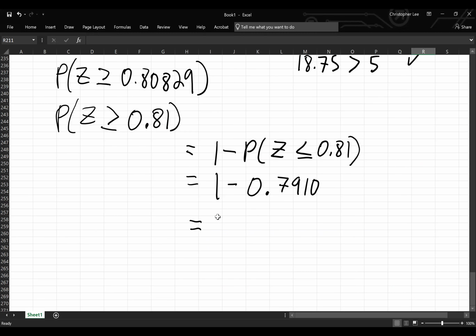So you go to the 1, and where they intersect is 0.7910. After that, a little subtraction, nothing crazy. 1 minus 0.7910, and then we get 0.209, right?